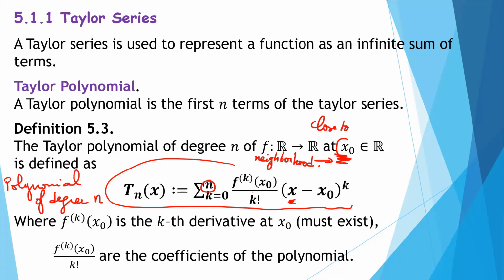In this formula, the kth derivative at x0 must exist to calculate the Taylor polynomial of f. And these will be the coefficients of the Taylor polynomial.